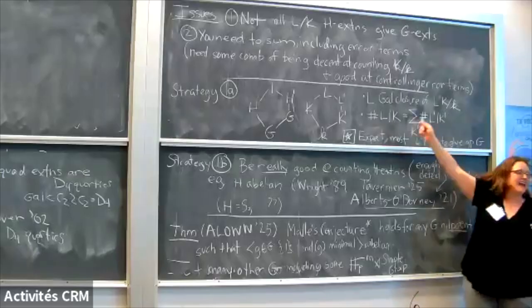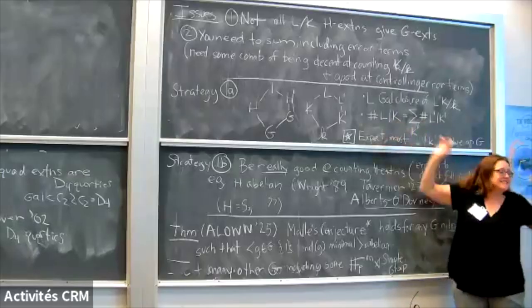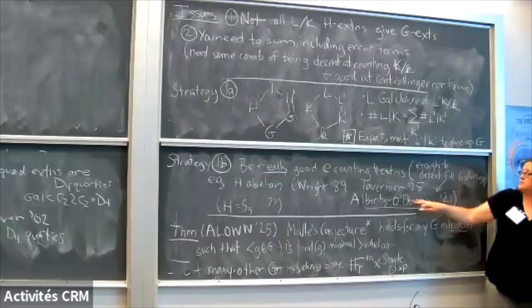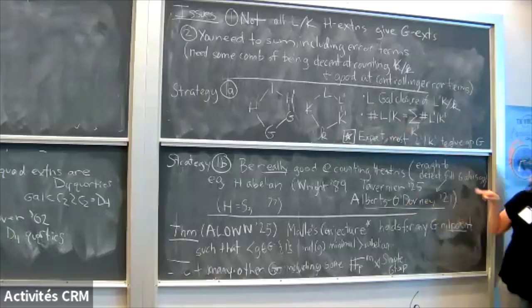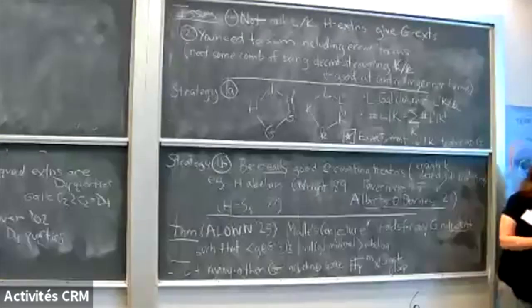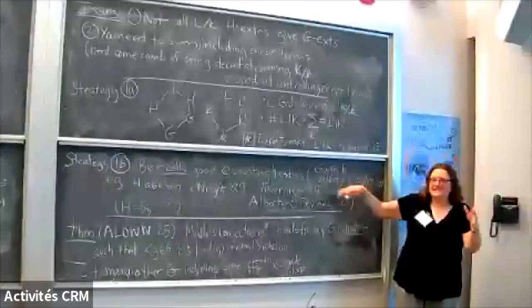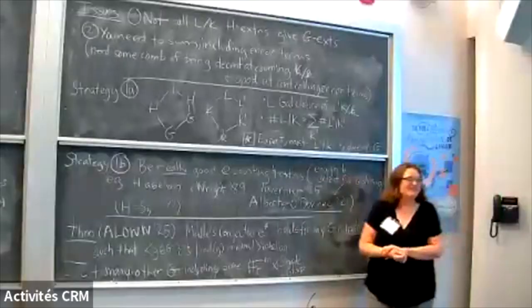If you were just counting H extensions, it might be the class group, but the generalization of the class group that you need to do this twisted counting, as Brandon and Evan would say, involves these cohomology groups. So I encourage you to think of them as kind of like class groups. They're just this twisted variation of them that you need for this slight generalization of the question.